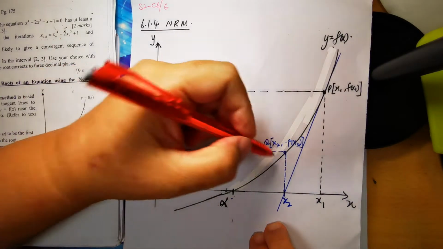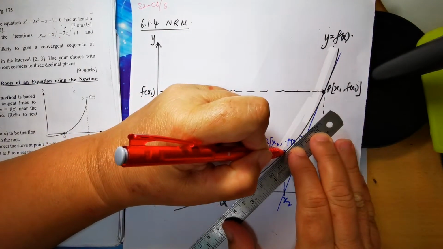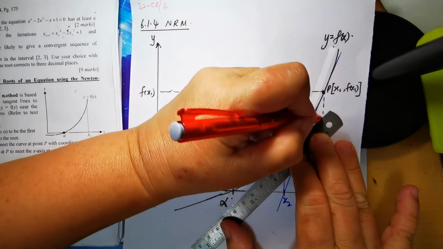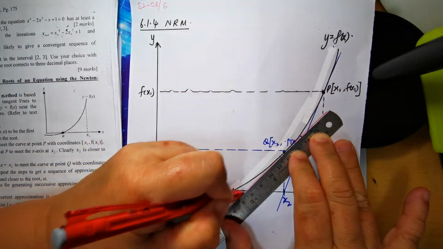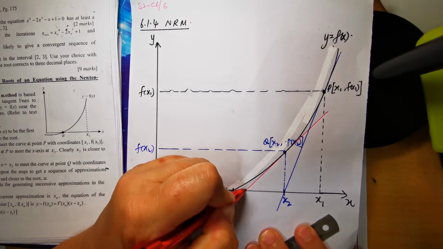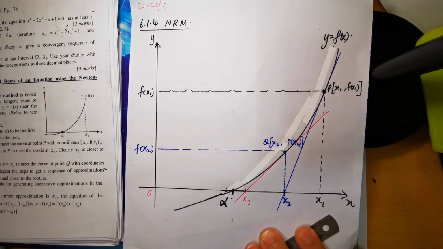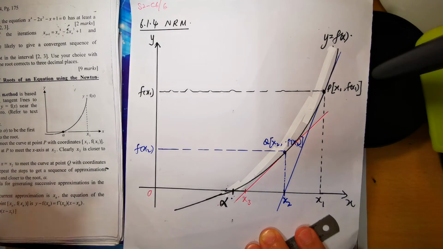Then we repeat the same steps: we draw a tangent at point Q and extend it. This tangent at point Q cuts the x-axis again here. Let's name this point x3.